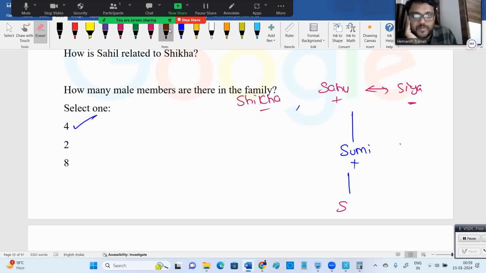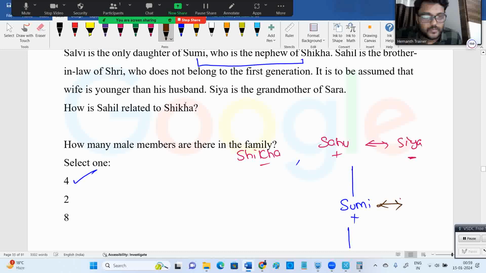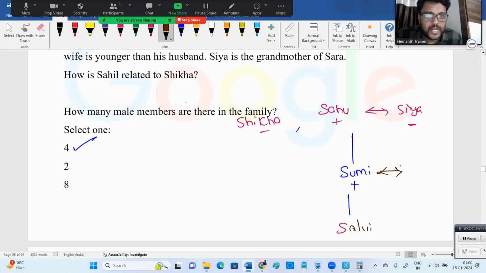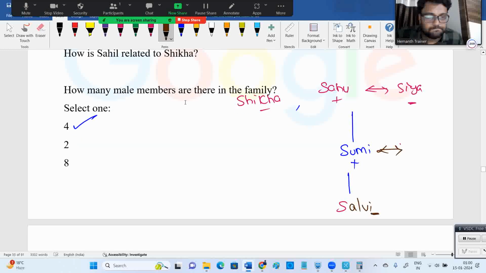Now Sumi should be married to someone. Only married people have children, right? So 5 people, I want 3 more. Sia is the grandmother of Sarah. So Sarah can be here, or maybe some elder sister here.